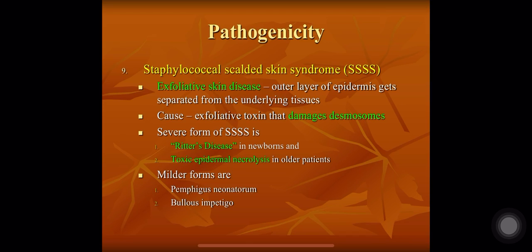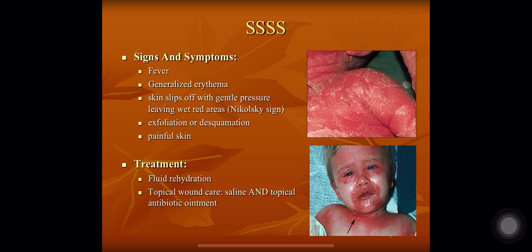Staphylococcal scalded skin syndrome is caused by exfoliative toxin. The severe forms are Ritter's disease in newborns and toxic epidermal necrolysis in older patients, and the milder forms are pemphigus neonatorum and bullous impetigo.